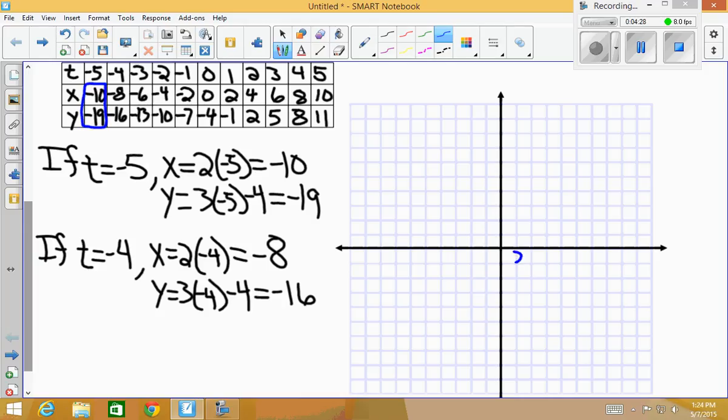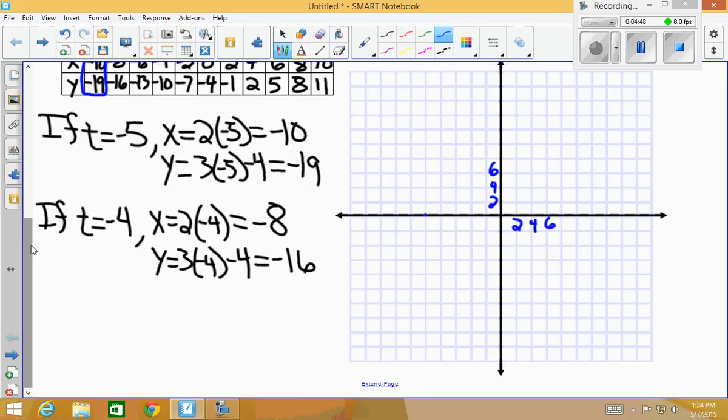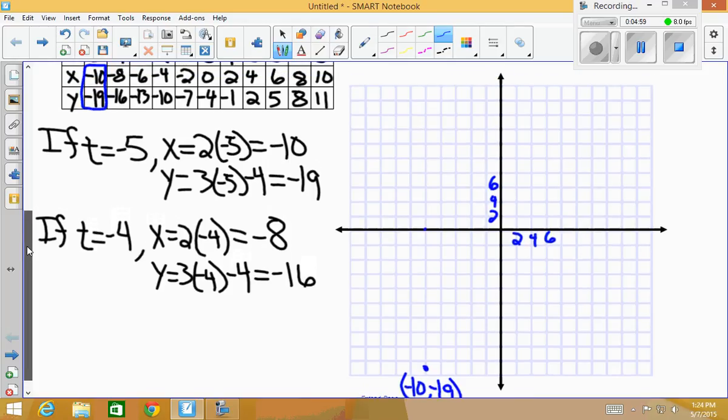So let's say this is 2, 4, 6, so on, 2, 4, 6. Okay. So if x is -10, which 2, 4, 6, 8, 10 would be there, y is -19. So that would be down here. So this is the point -10, -19.